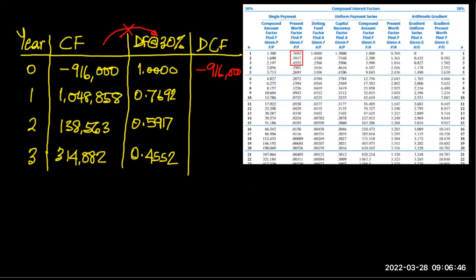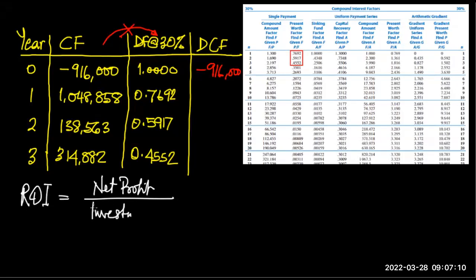Return on investment is a ratio of our net profit to our investment. I think in this case it is the same as our net present value, our NPV, divided by our total investment.